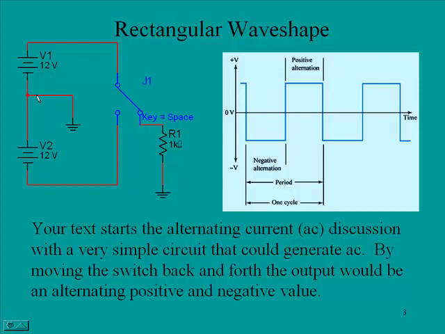Coming from the negative side, we would come down, and our flow would be up through the resistor to the positive side of the battery. This would be our direction of current flow, and that would give us the positive side of this wave shape.